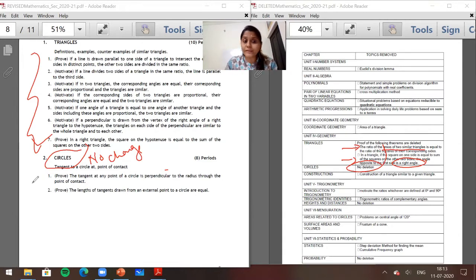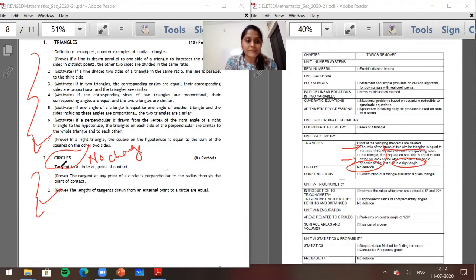And for both the theorems, as the areas related to similar triangles theorem has been deleted, chances are there that any one theorem from these two will come. So this one is quite important. Both your theorems are very easy as far as the proving part is concerned. The length of the tangents drawn from an external point are equal in length.